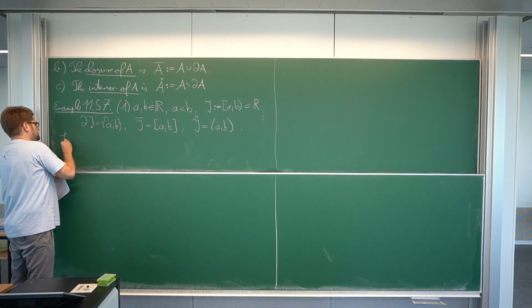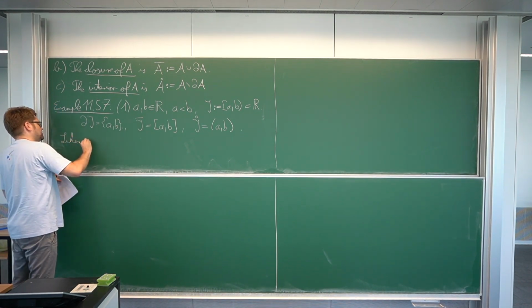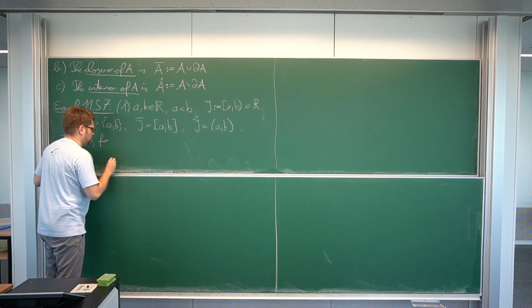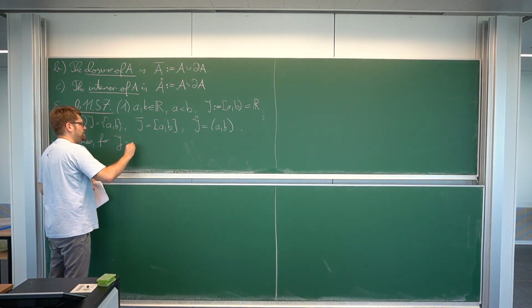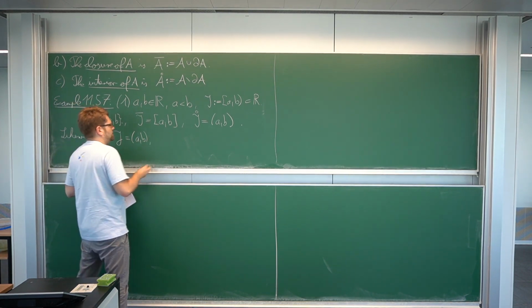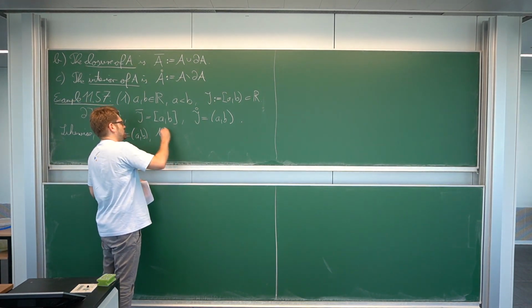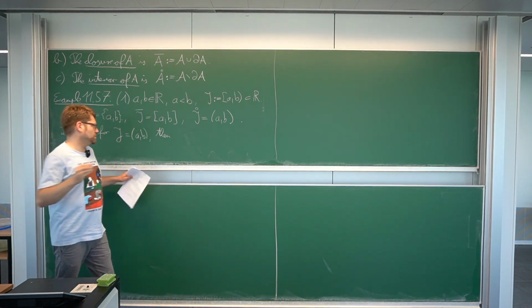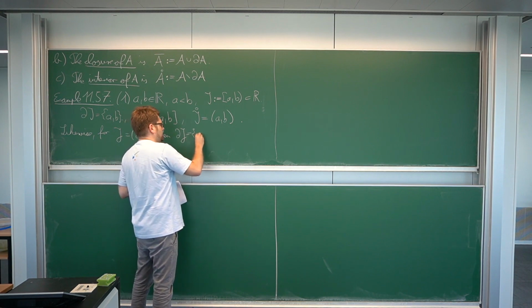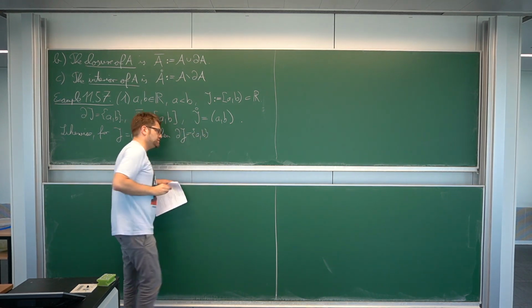Or let's just check if you understood it. If I had an imaginary audience, I would now ask what's the result if we take J to be the open interval from A to B. By the same argument, we would get the same boundary. So the boundary of J is also {A, B}, just these two values.